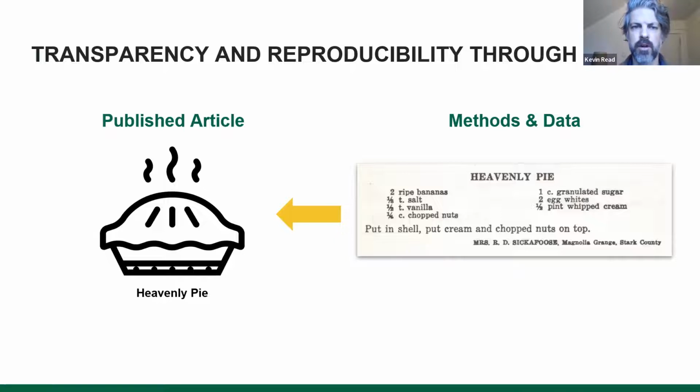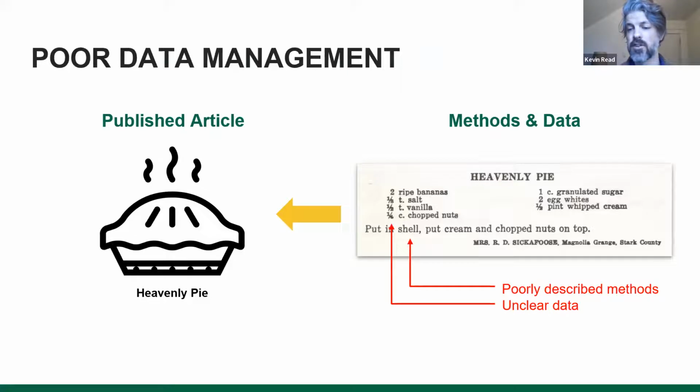And when we think about it, if we're comparing it to what methods and data might be like in a presentation, we first have pretty poorly described methods and unclear data. So in terms of the data, I have 2 egg whites, I have 2 ripe bananas, I have a quarter of chopped nuts, and I'm told to put it in a shell, put cream and chopped nuts on top. So am I whipping the egg whites? Am I cutting the bananas up? What kind of nuts am I using?